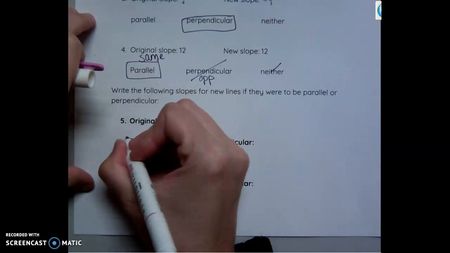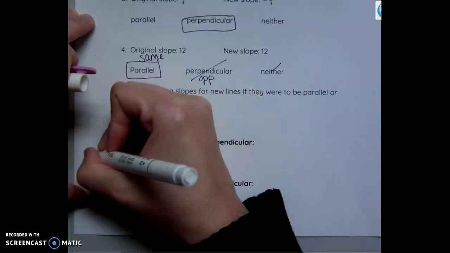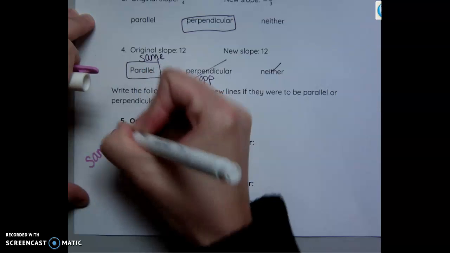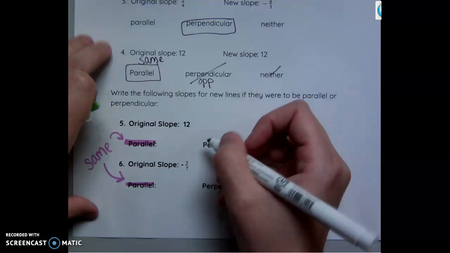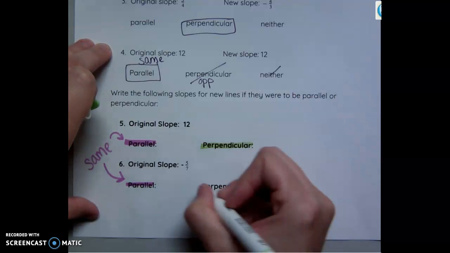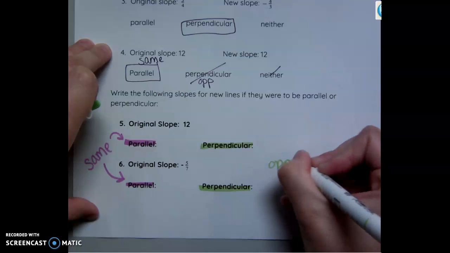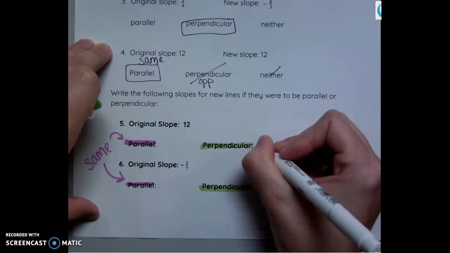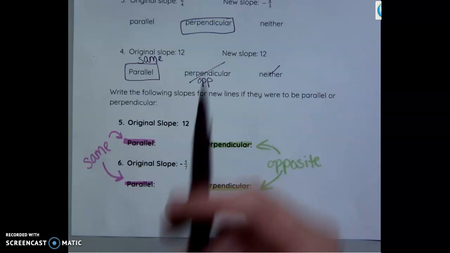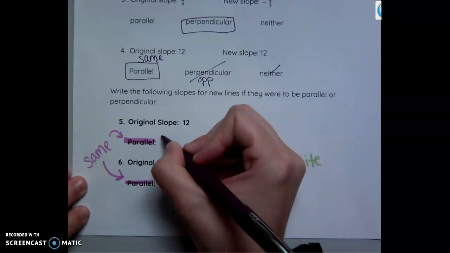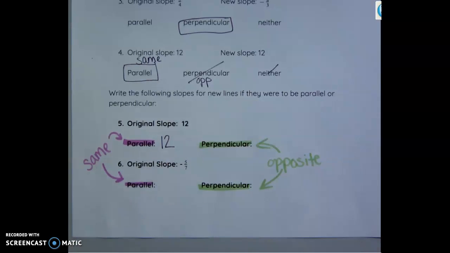Parallel means the same. Perpendicular means opposite. So if my original slope is 12, my parallel slope would be 12.